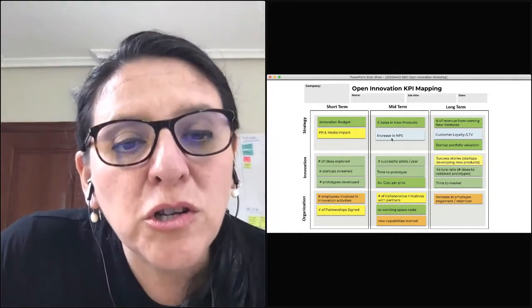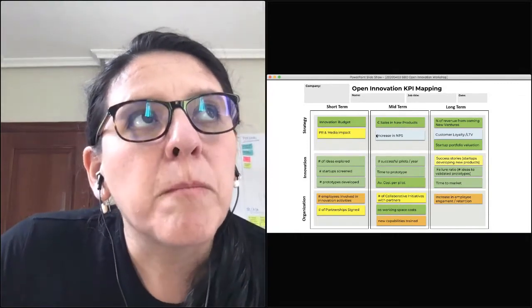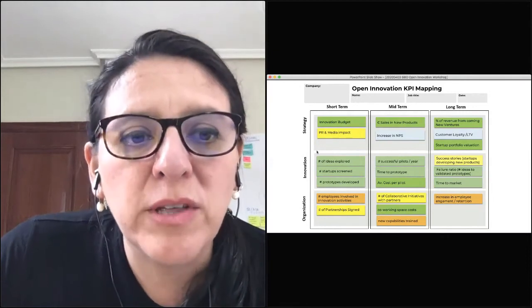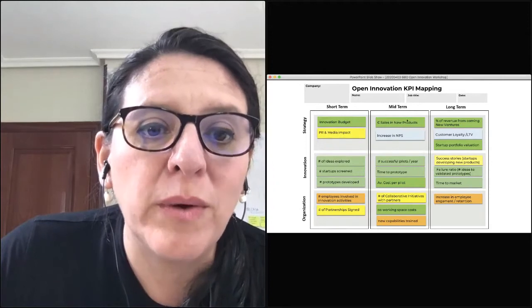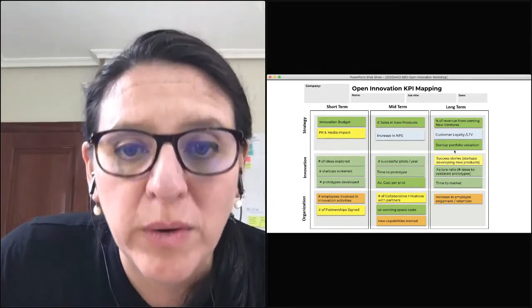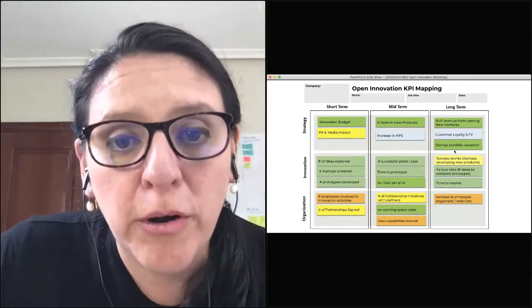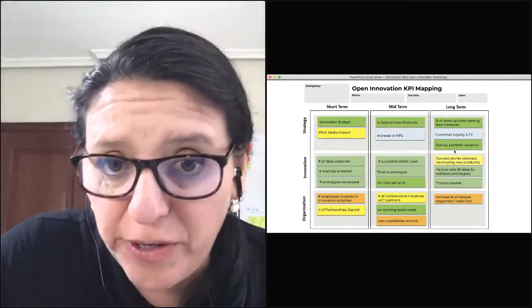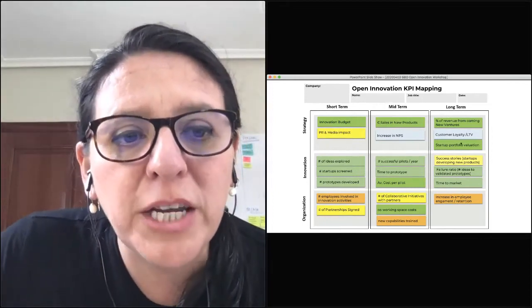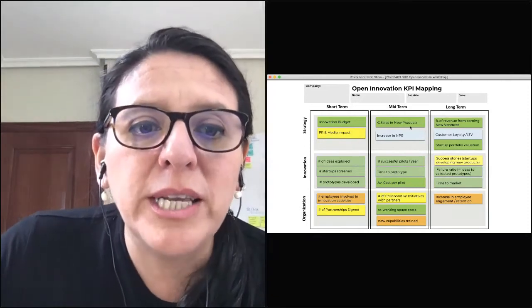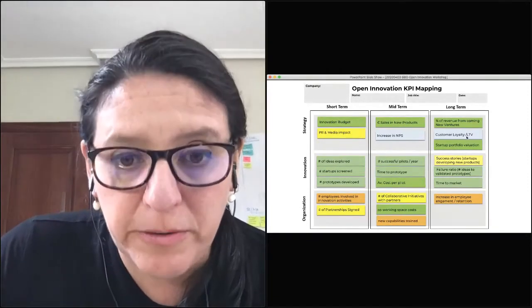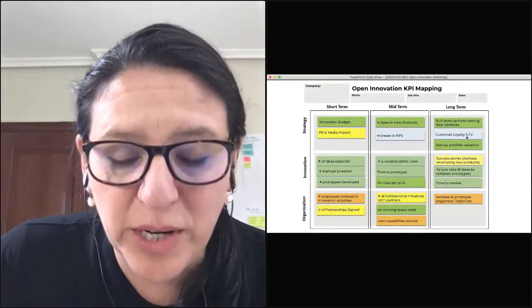And also, not all the KPIs should be aimed at the short term. We also need to think about what we want to achieve in the midterm and what we want to achieve in the long term. Moreover, if we are talking about disruption projects, how do we measure the right kind of success in all these short term, midterm, and long term? This exercise is really interesting.